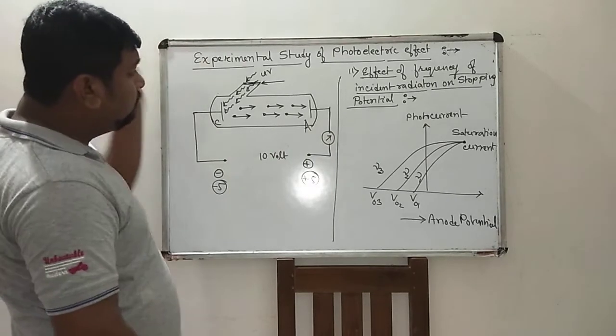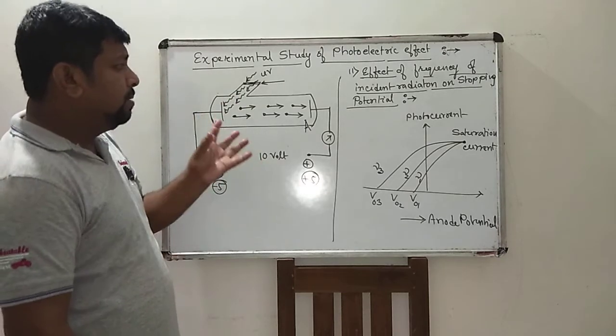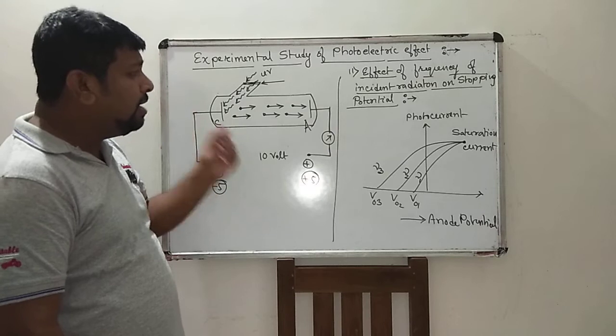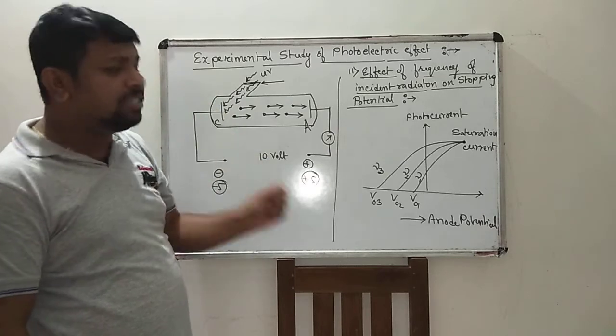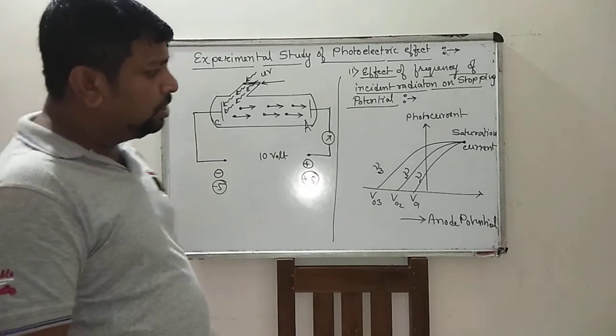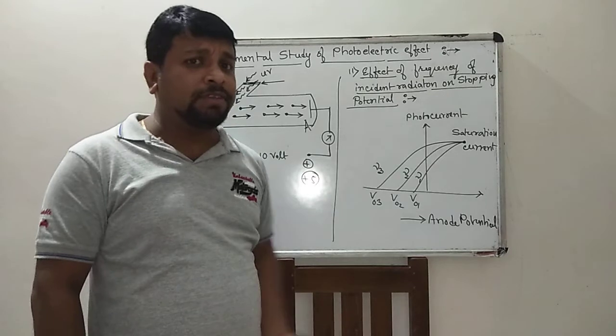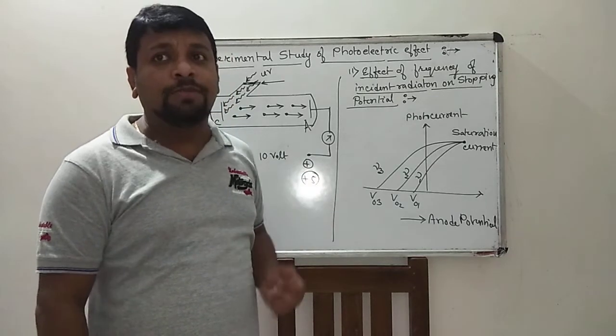If the frequency of the incident radiation is changed while keeping the intensity of light constant, then this observation should take place. This first observation is similar to the previous graph, the effect of potential on photocurrent.